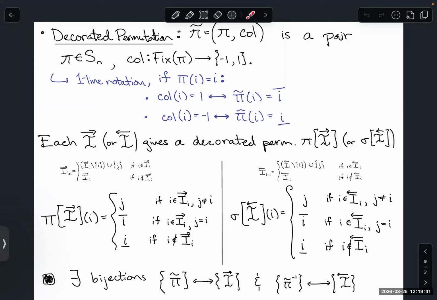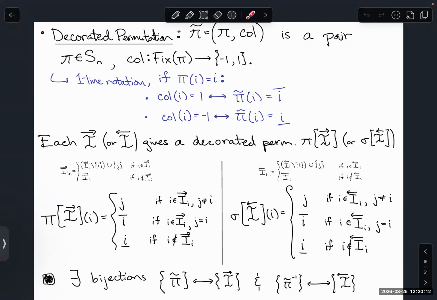If our i-th Grassmann necklace term exchanges the entry i for some j that's not equal to i, our decorated permutation sends i to j. It's not a fixed point. If our Grassmann necklace takes away the i-th thing, but also j is equal to i, it re-includes this i, then i gets an overline i.